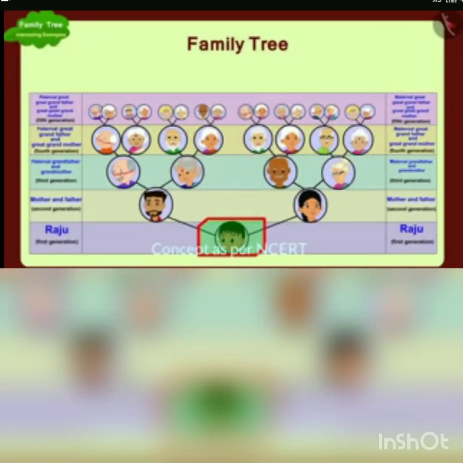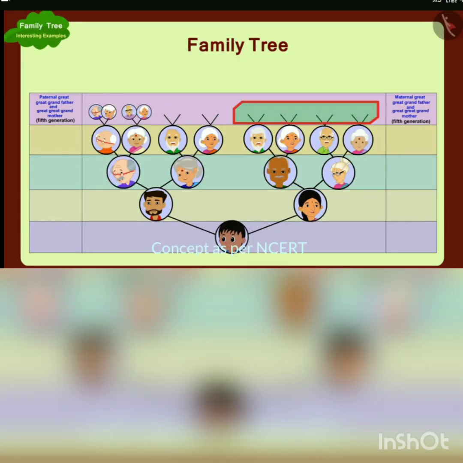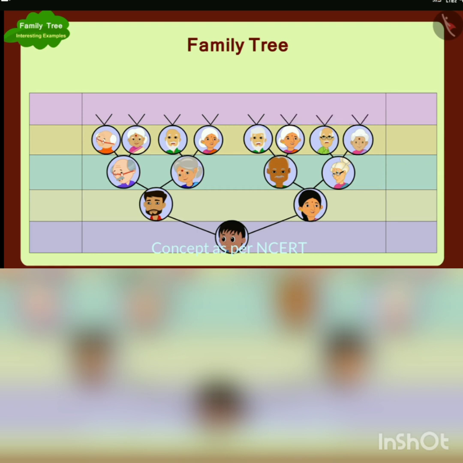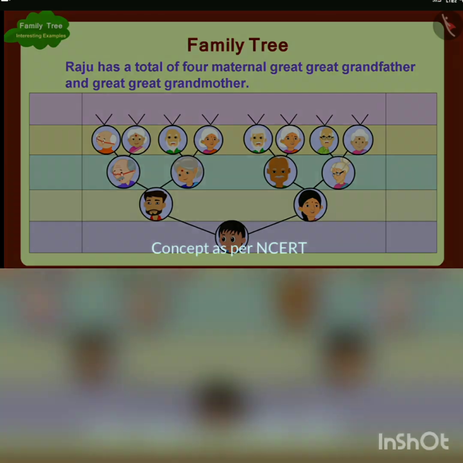Raju's maternal great-great-grandfather and great-great-grandmother will be his mother's great-grandfather and great-grandmother. In this way, these are Raju's maternal great-great-grandfather and great-great-grandmother. Raju has a total of 4 maternal great-great-grandfather and great-great-grandmother.